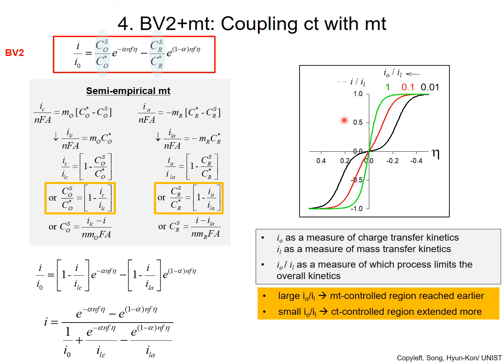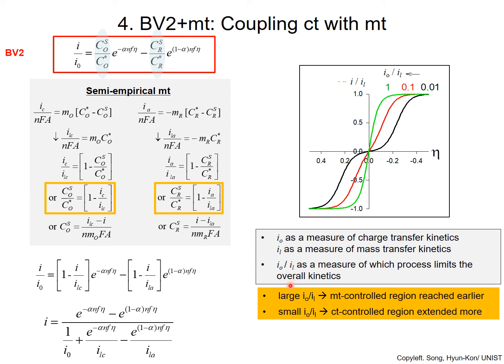Also, those three curves have three different values of the current ratio of exchange current per limiting current. As you know, the exchange current is a measure of charge transfer kinetics, and limiting current is a measure of mass transfer kinetics. Therefore, the ratio of exchange current to limiting current can be used as a measure of which process limits the overall kinetics.